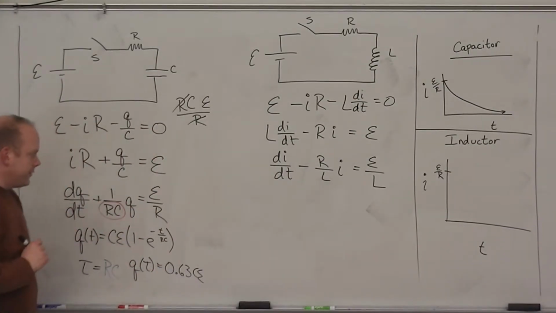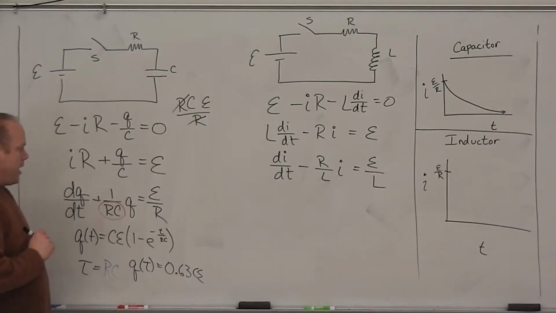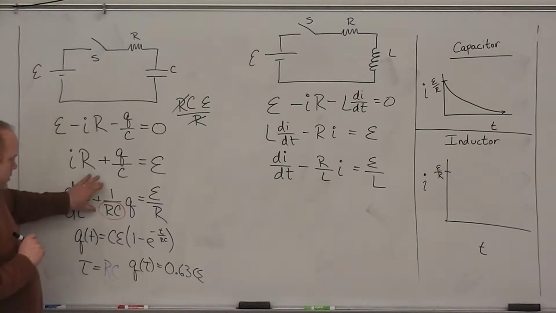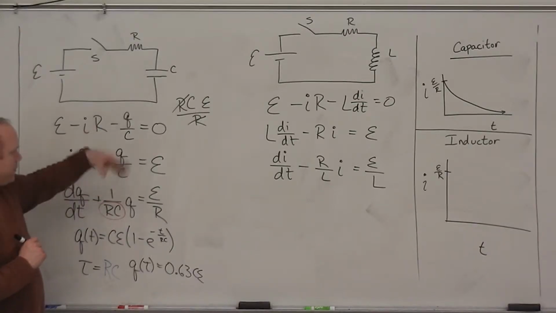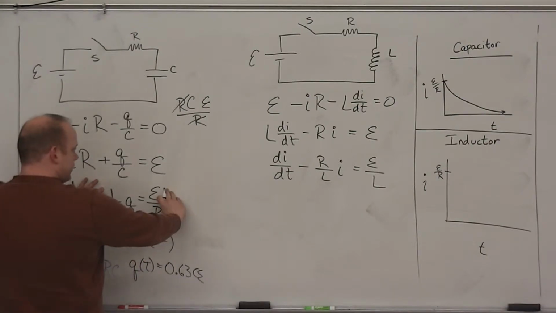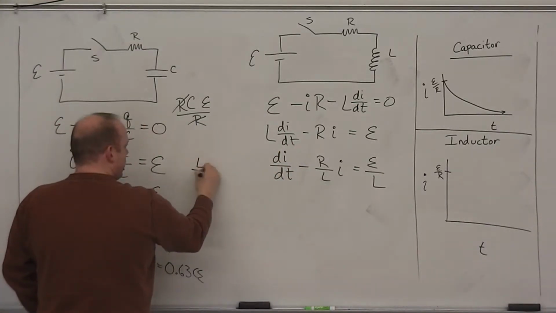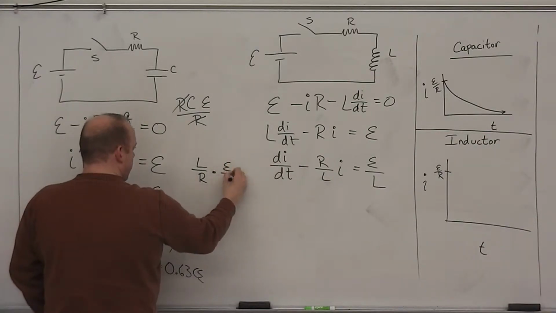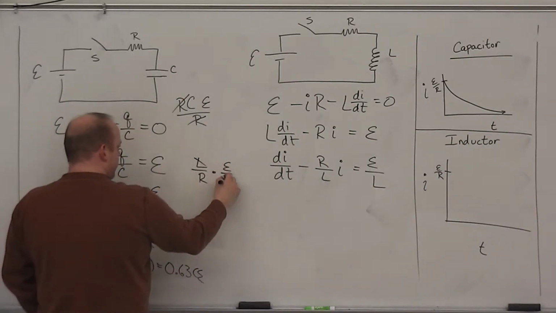Now take a look at this. Here I had 1 over RC, I flipped it over, and made it RC. And I multiplied it by this. Let's see what happens when I do that now. Let me flip that over. I get L over R times E over L. The L's drop away.